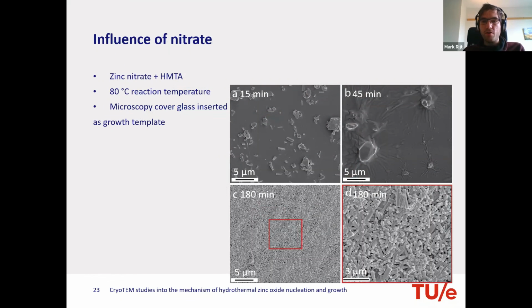There's also, of course, another question which we couldn't explain with Cryo TEM, but it's nice to mention. I think it's why does the acetate form product in dispersion and the nitrate does not? And so we looked at the zinc nitrate evolution with SEM sampling, which is possible and something that grows on surfaces.